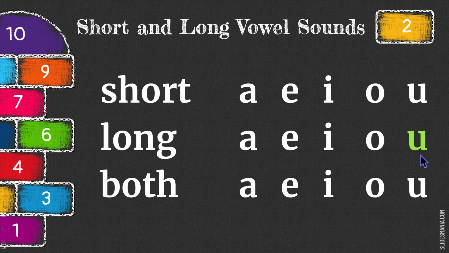U, oo. Let's practice both sounds. We will do the short sound first. A, E, I, O, U, oo. How did you do? If you're still having trouble with the long sounds, please redo this lesson until it's easy for you.